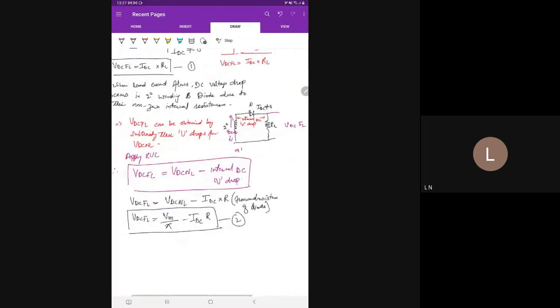Observing equation 2, we can conclude that the DC output voltage decreases with increase in load current.